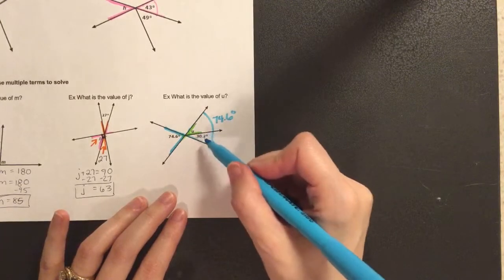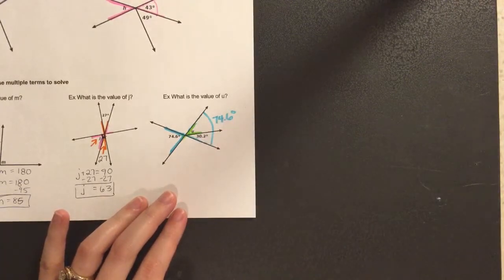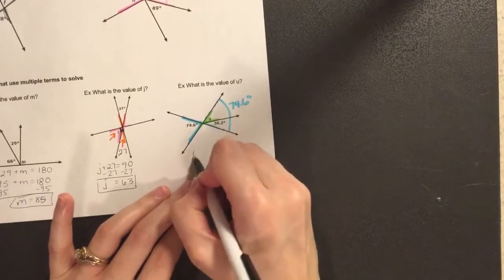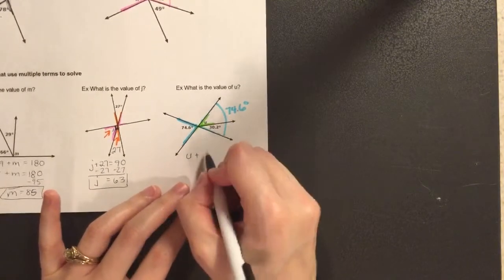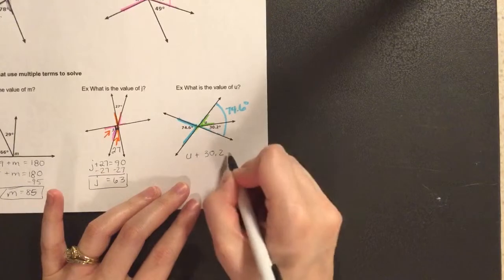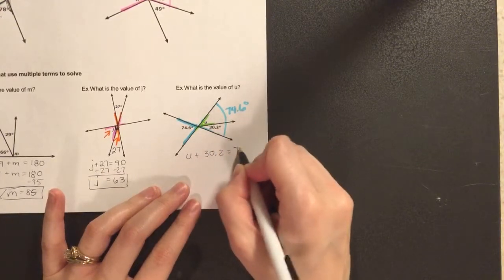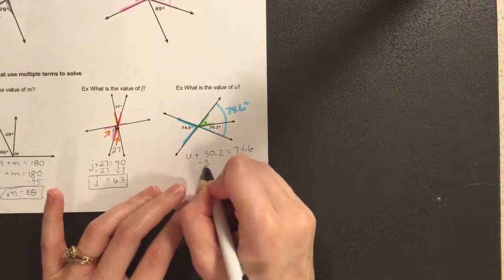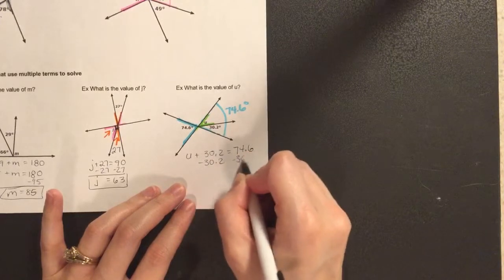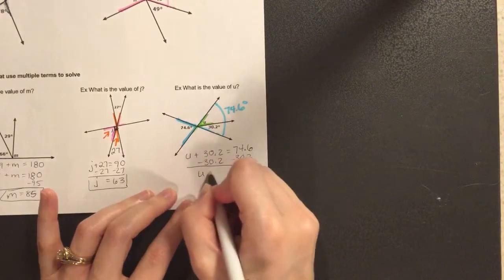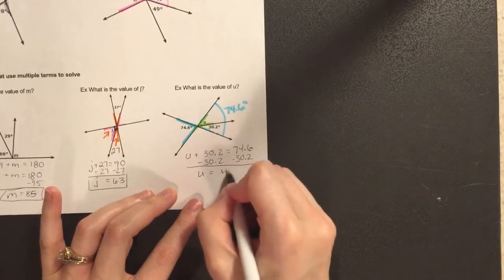Well, there's a part plus a part is equal to a whole total. So one of the parts is U plus another part is 30.2 is going to be equal to the total of 74.6. Subtract 30.2 from both sides. U is going to be equal to 44.4.